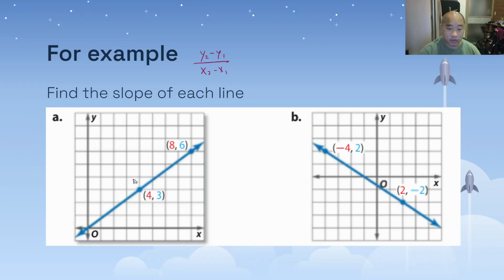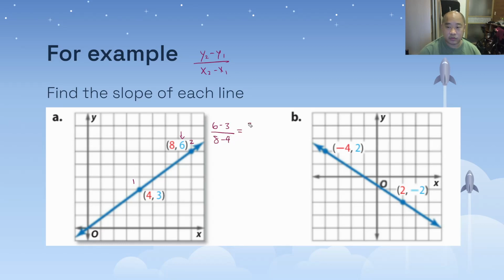So this will be point number 1, and this will be point number 2. Now you could do it the other way. It's not going to matter. So this is the y value for y2. So that'll be 6. And this is the y value for point y1. So that's going to be 3 over 8 minus 4.